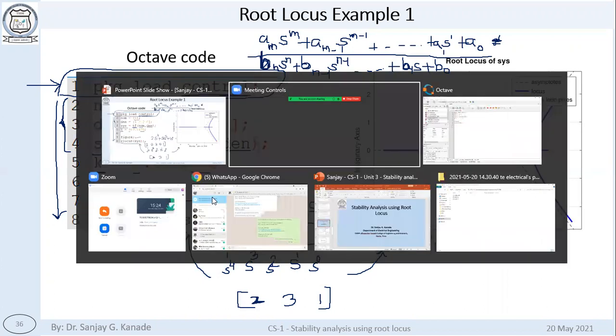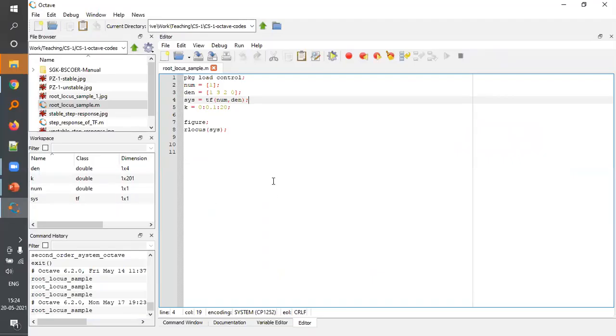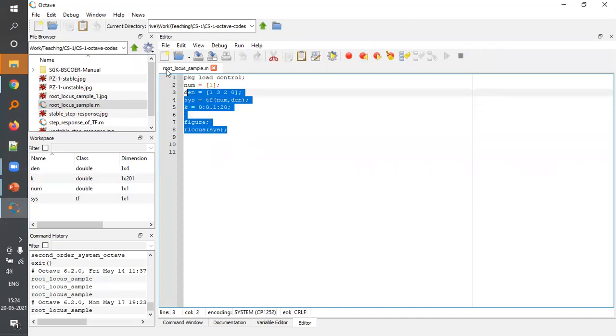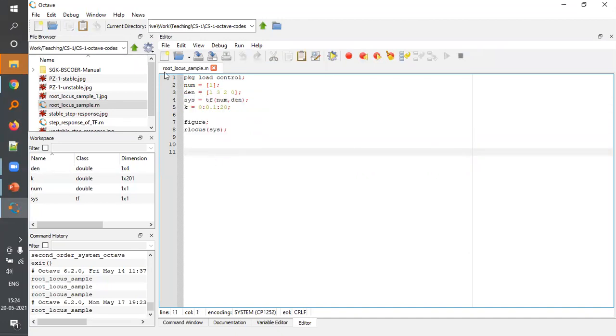In Octave we write that program. You can see the program is written here. It is saved using a standard naming convention, whatever you have known for naming a file. You have studied in C that the file name should not have any special character except underscore, it cannot start with a number, and it cannot have spaces in between.